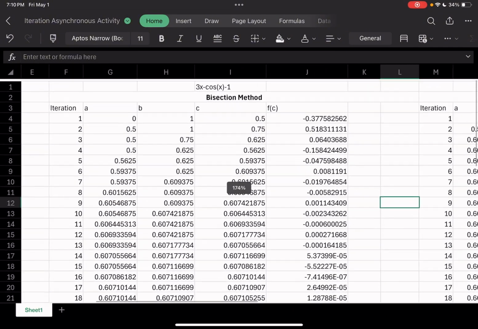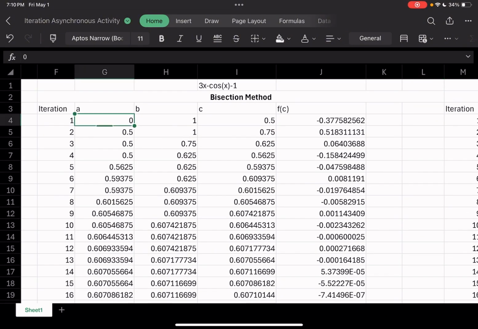Now right here, we need to apply a condition since we cannot simply just drag down 0 to continue the table. We need to have a condition since we need to have our A and B opposite in signs.